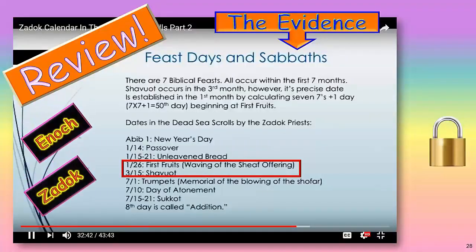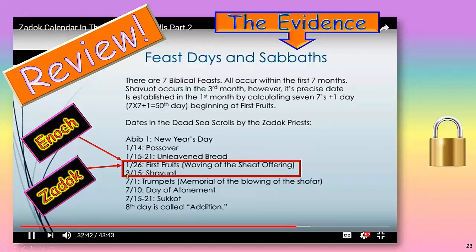Here's the review. This is taken from a Zadok calendar promotion, and it's the same basic idea as the Enoch calendar. If you look right here, where my cursor is, in the first month, on the 26th of the month, they say it is the wave of the sheaf offering.